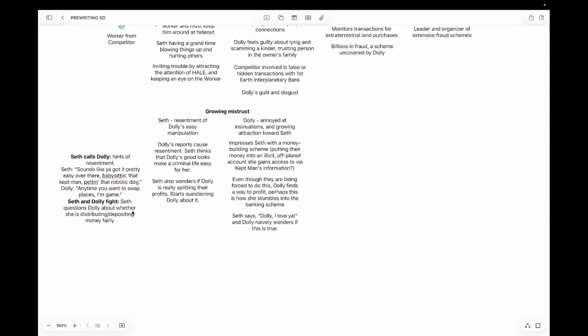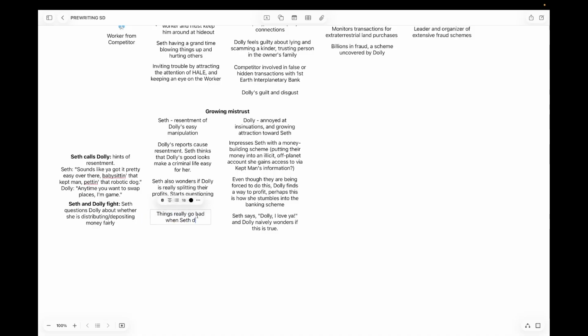So they fight about it. Seth questions Dolly about whether she's distributing deposit money fairly. And then things really go bad. Things really go bad.